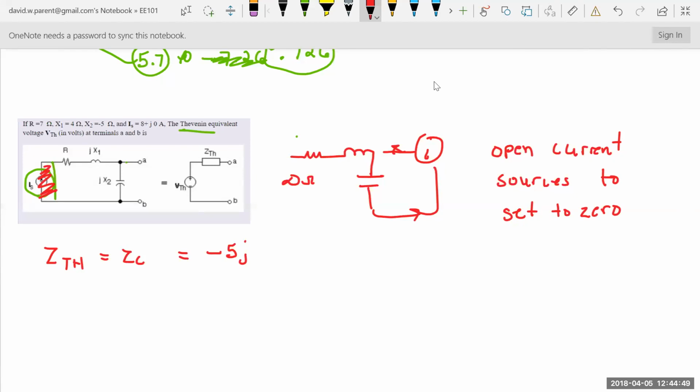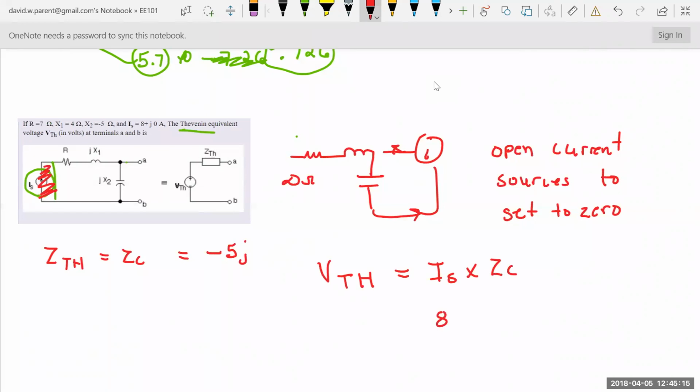Take away the load, and then see what the voltage happens to be. And V Thevenin is actually kind of easy here as well, because with this current source, all of these are in series. The voltage is just that current times that impedance. It's not part of the question, but V Thevenin is really just IS times ZC.